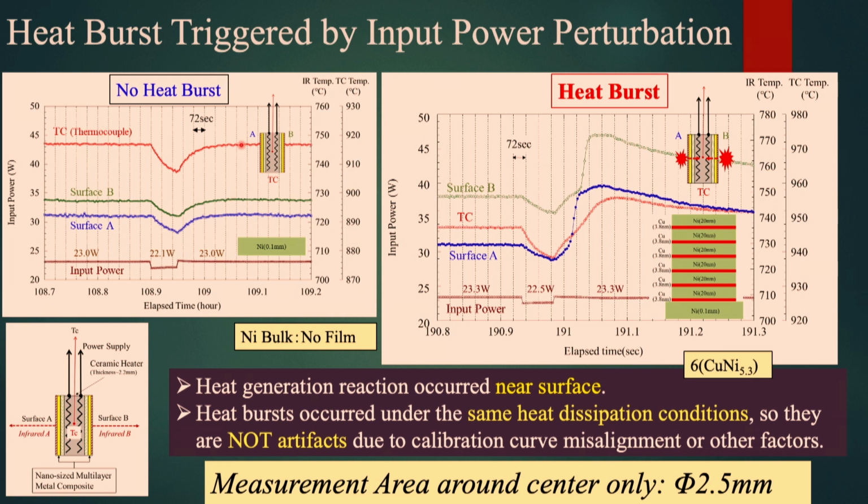It's very natural. However, if we use the copper-nickel multilayer and make a perturbation in input power, we measure the heat burst like this. At this point heat burst occurs, and at this point the heat burst phenomenon occurs, and the energy propagates to the center of the ceramic heater like this.